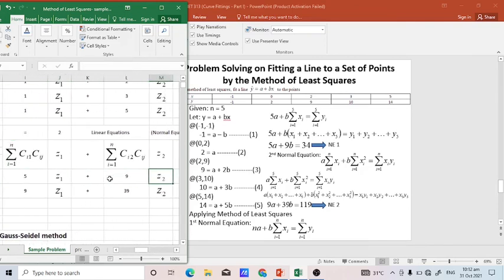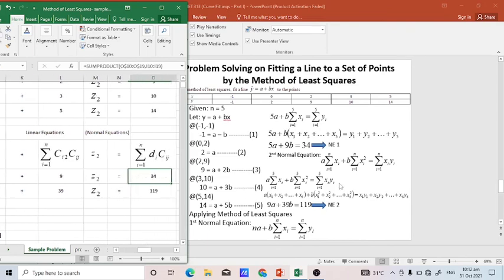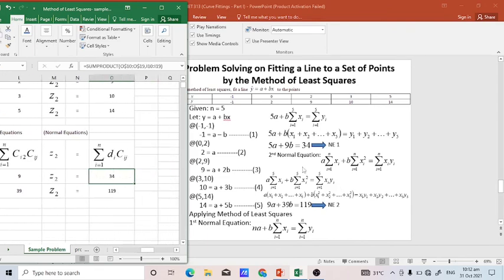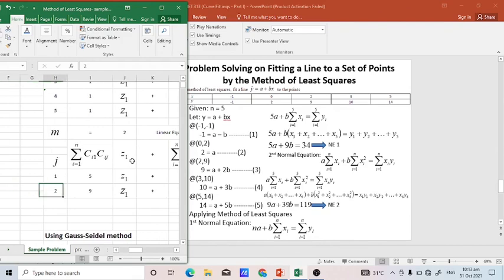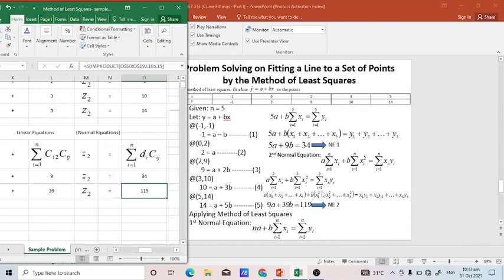Okay? So, ito muna yung concentrate nyo. So, 34. So, gumamit ako ng sum product, no? Para makuha yung sagot. Pero nasa inyo kung anong prefer nyo, no? And then, makukuha mo yung sagot na 9A plus 39B equals 119.